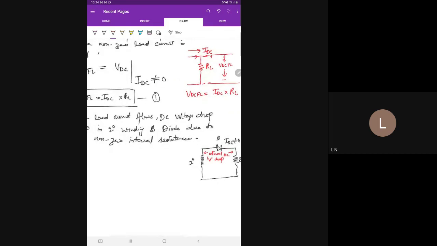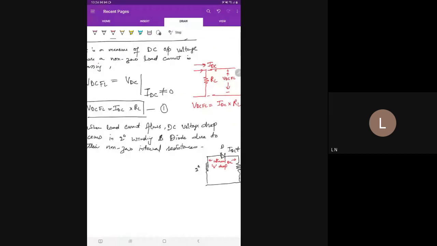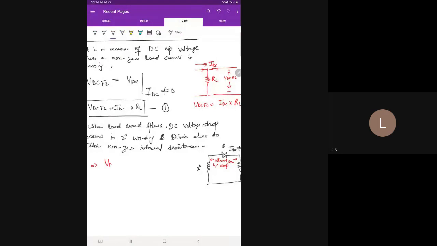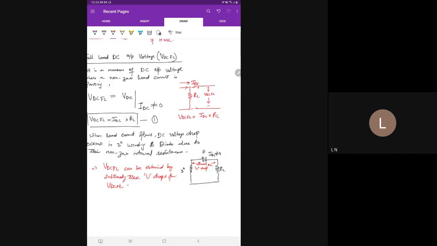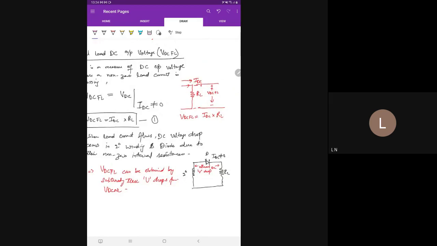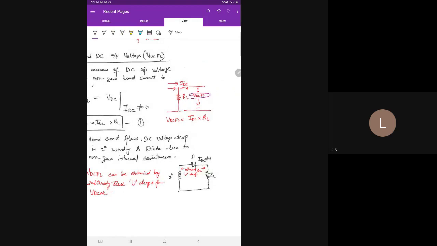Therefore, by taking this voltage drop into account, VDC full load can be obtained by subtracting these voltage drops from VDC no load. In the diagram just above, we have VDC full load here.